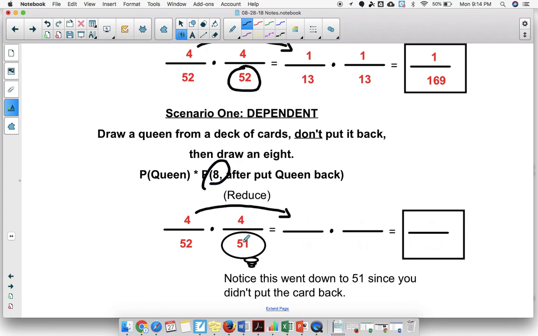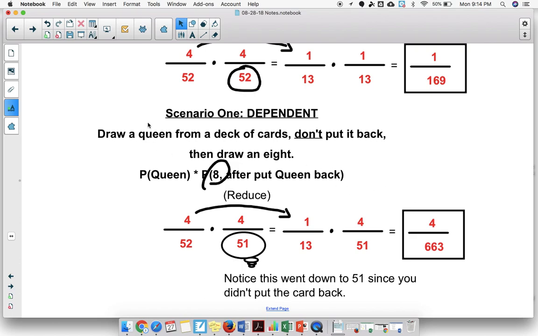That's why it's still 4 out of 51. But the total number of choices, since that one card is gone, is down to 51. So if we go to multiply these together, notice only the first probability reduces to 1 over 13. The second probability stays at 4 over 51. And then you just multiply straight across to get 4 out of 663.